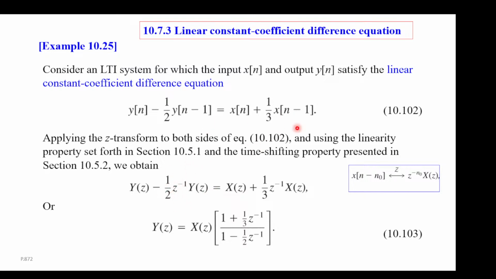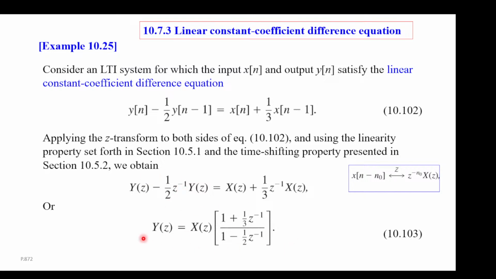You can write big Y as big X times something, because this 1 and 1 over 2 z to the minus 1 can factor out. So big Y equals big X times 1 plus 1 over 3 z to the minus 1, divided by 1 minus 1 over 2 z to the minus 1.